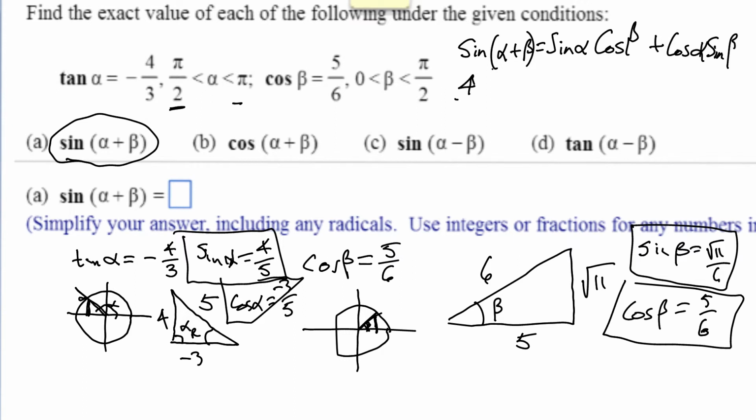Sine of alpha is 4/5. Cosine of beta is 5/6. Plus cosine alpha is minus 3/5.